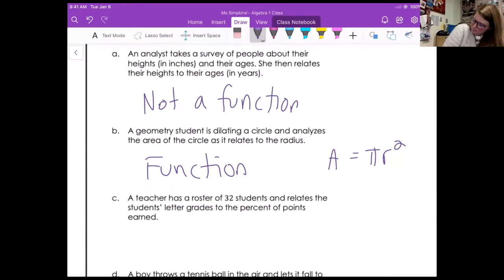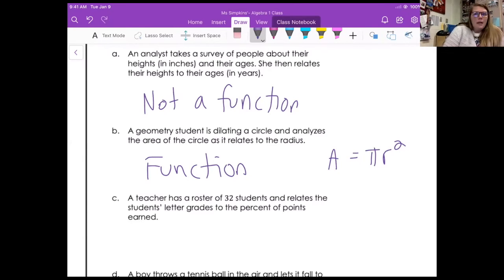Okay, letter C. DeMonte, you have an A. So do you know what percent that is automatically? No, why not? Okay, so A refers to what percentages? 90, 91, 92, 93, 94, 89.6 if your teacher's nice.